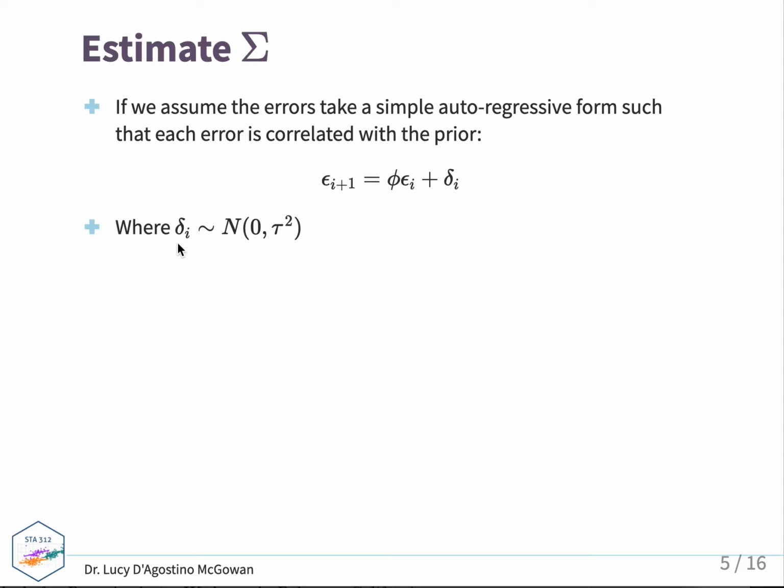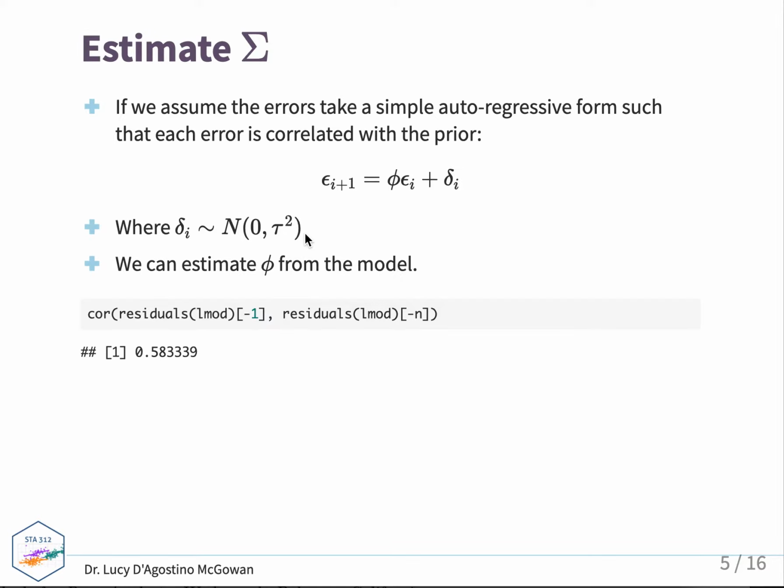If we assume the errors take this simple autoregressive form, so basically each error is correlated with the prior error, you can write that like this. And so this is the error i plus 1, and it equals some phi times the previous error. So this phi is going to be that correlation coefficient to indicate that these are correlated. And then, of course, you have some additional error term here that we expect is normally distributed.